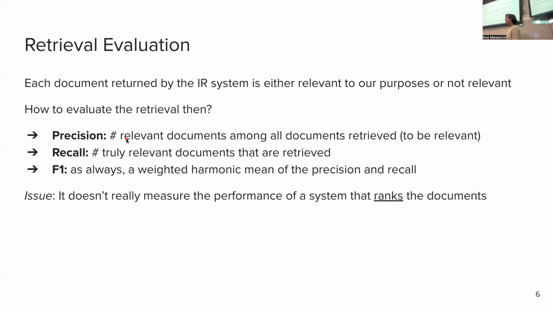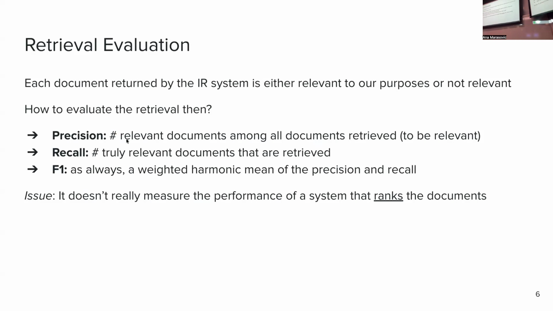Basically, you retrieve some documents, right? But in your test data, you actually know which documents are relevant or not. So you can see amongst those that your system has retrieved, how many of them are actually relevant, and that would be precision, right?